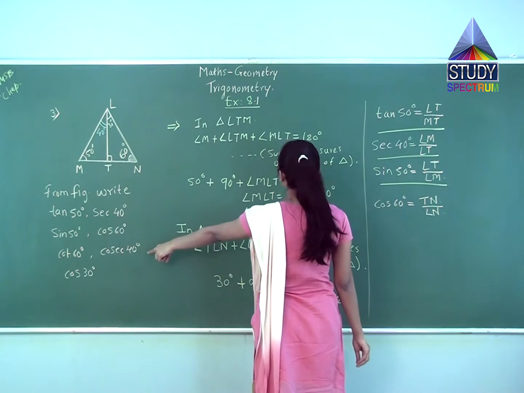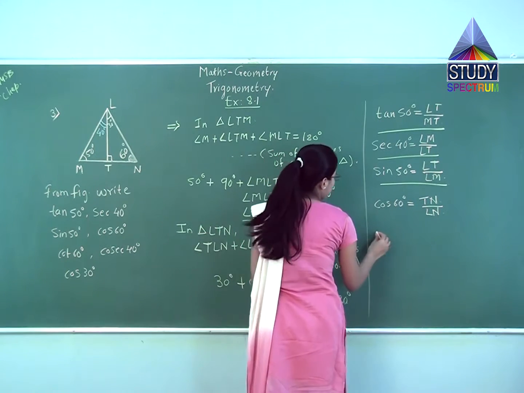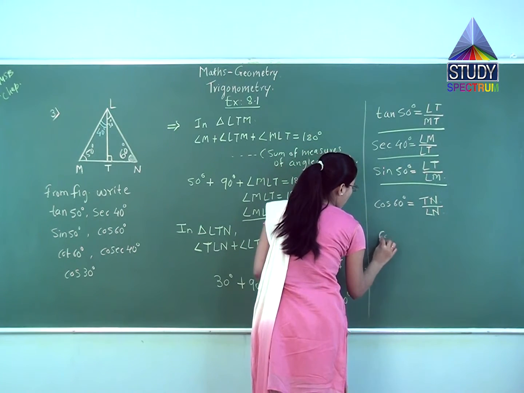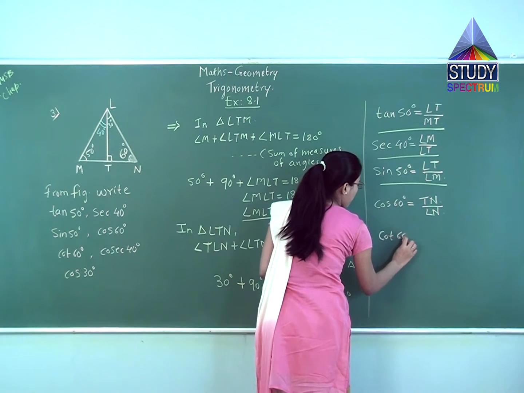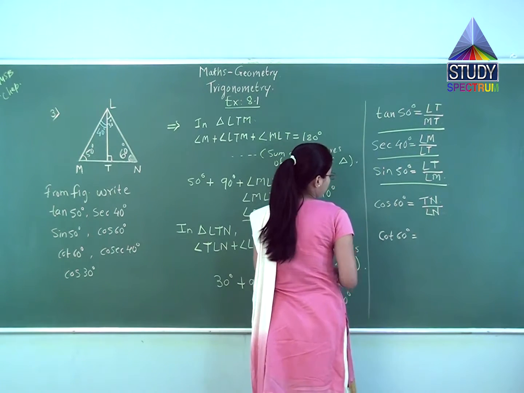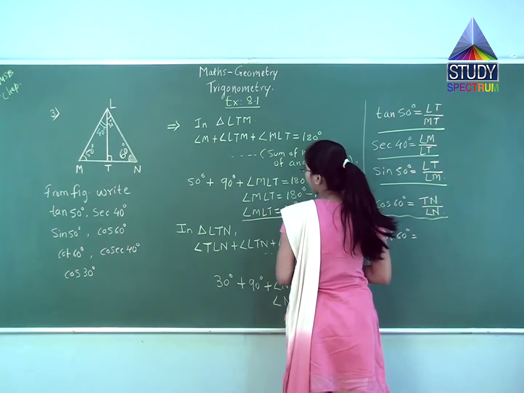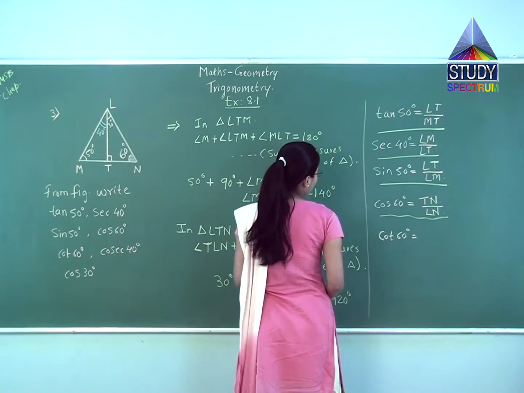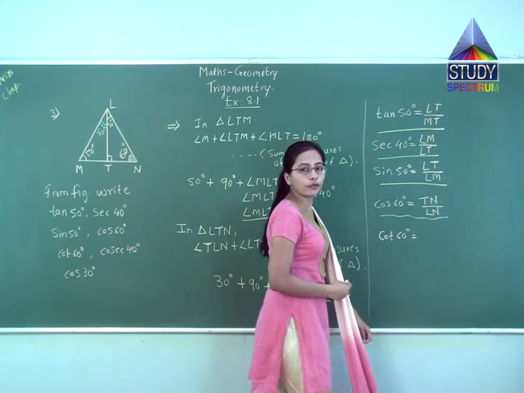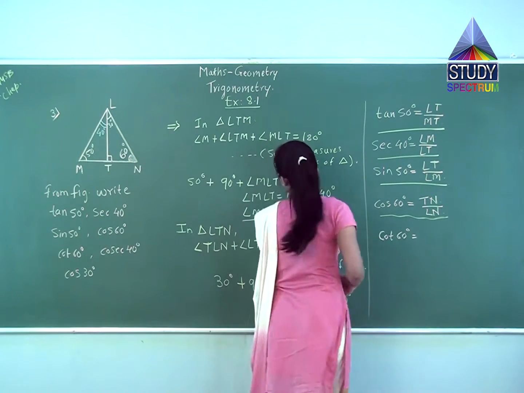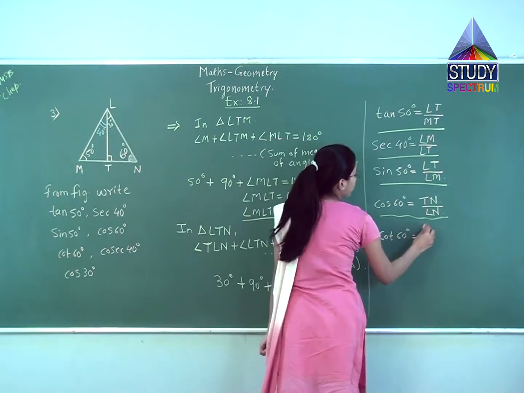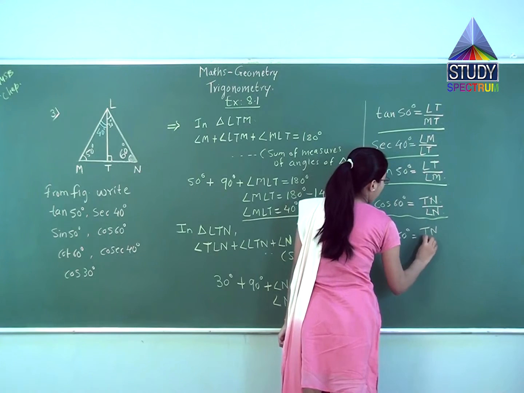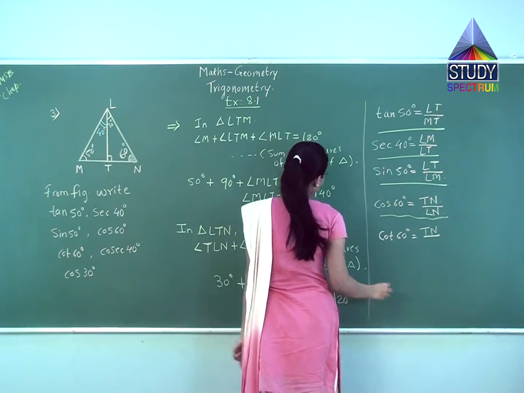Next ratio we have to find here is cot 60 degrees. For the same 60 degree angle, we will find the cot ratio. The formula of cot is adjacent side upon opposite side. So the adjacent side is TN, opposite side is LT.